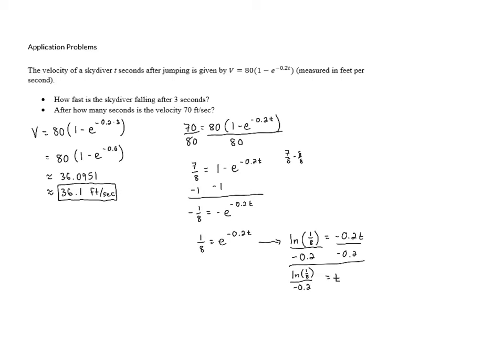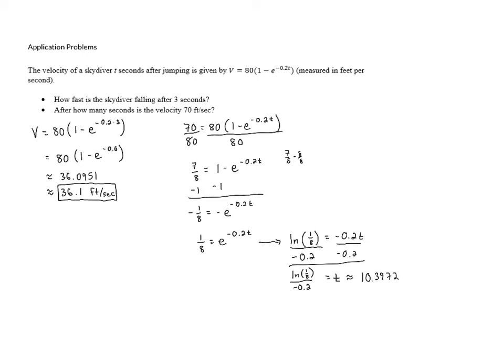That is an exact answer, but we probably want an approximation here, because we're asked after how many seconds is something happening. And if we say this many seconds, someone might look at us like we're a little bit crazy. And so we enter this expression into a scientific calculator to get an approximation, and we end up with 10.3972.